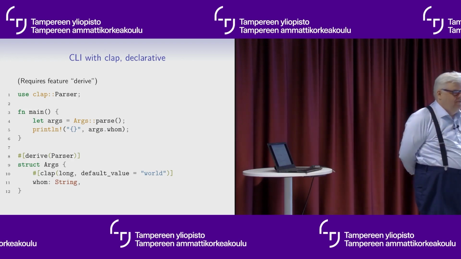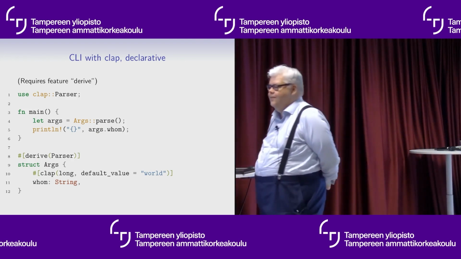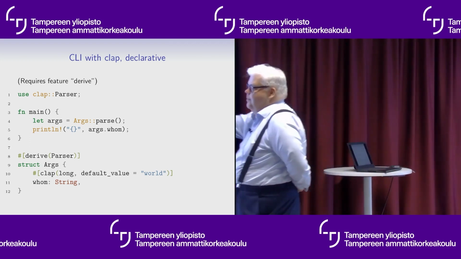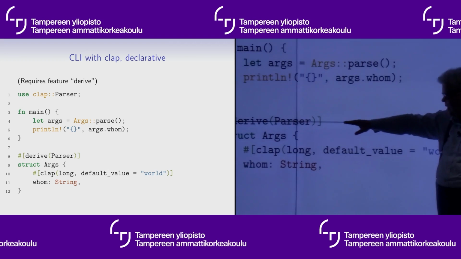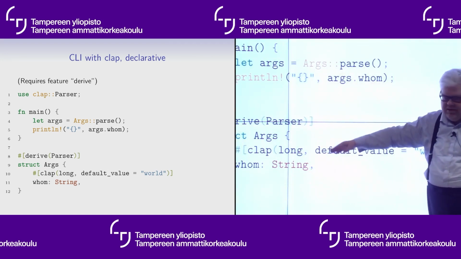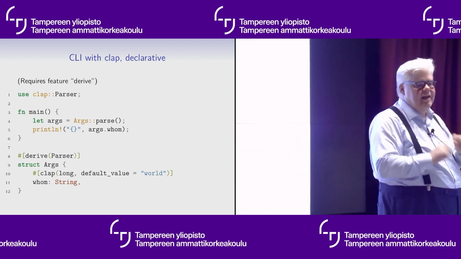There is a derive mode of using clap where we import a parser macro and we use that for deriving, and this takes a structure definition and generates code to parse exactly that kind of command line.